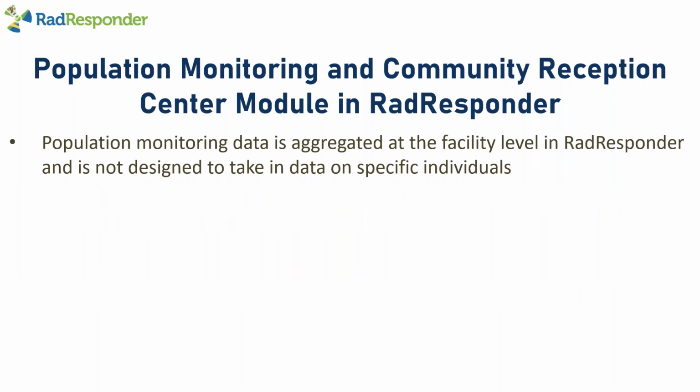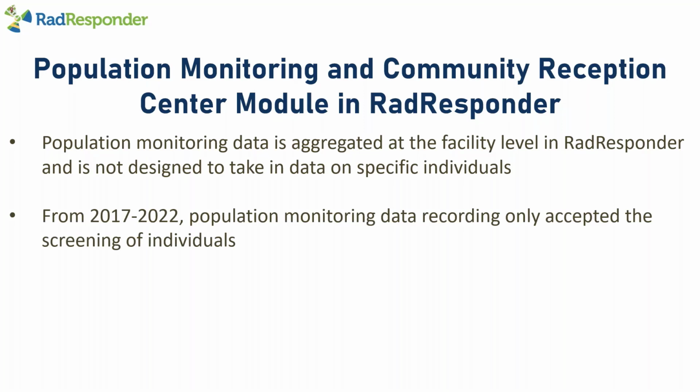The way the population monitoring data module works in RadResponder is that it is aggregated at the facility level, and we do not take in data on specific individuals. The initial population monitoring module was launched in 2017, and throughout the past 5 years, the module remained pretty much the same.